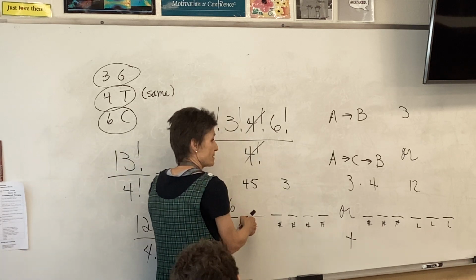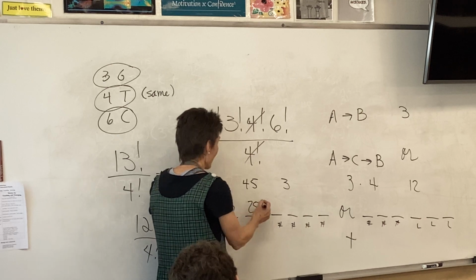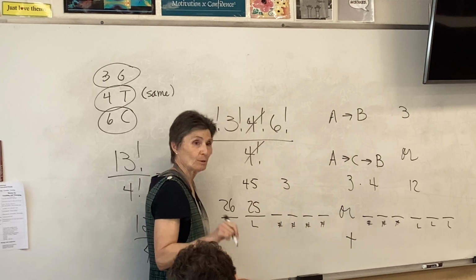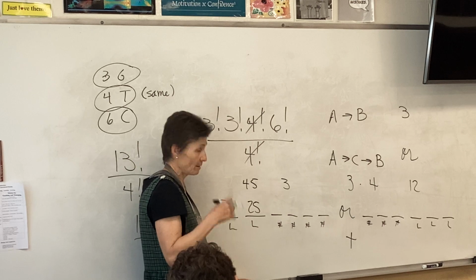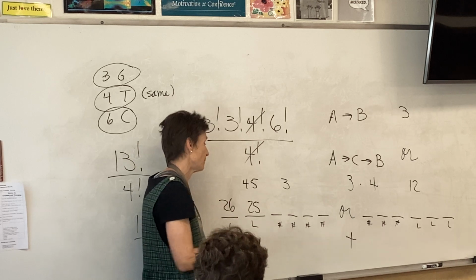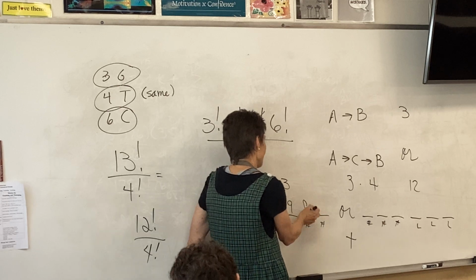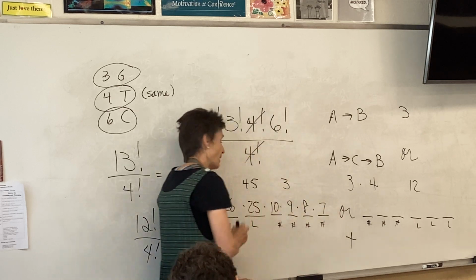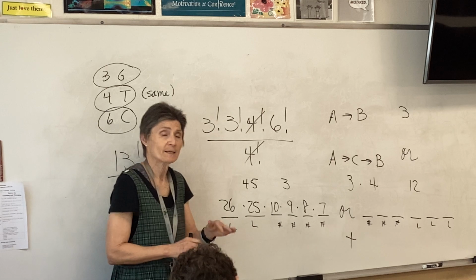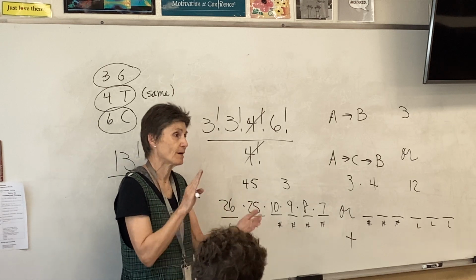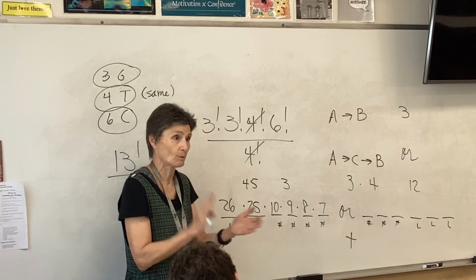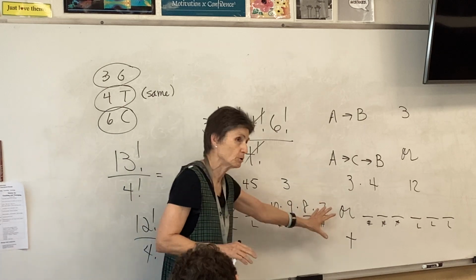How many choices? 25. Remember, we're not repeating. If they hadn't put that sentence in there, then it'd be 26 again. They said you can't repeat. How many digits? 10, 9, 8, 7. Now you're going to multiply all those together because you're picking letter and number and number and number and number, right? So we're going to get a number there.